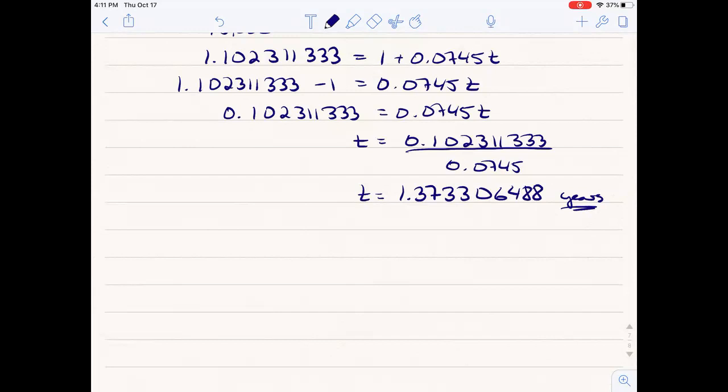That's not very helpful for the days between dates function. So what we're going to do is multiply 0.37330648 by 365, and we get that in days.